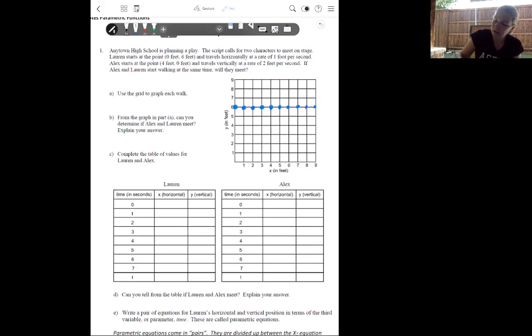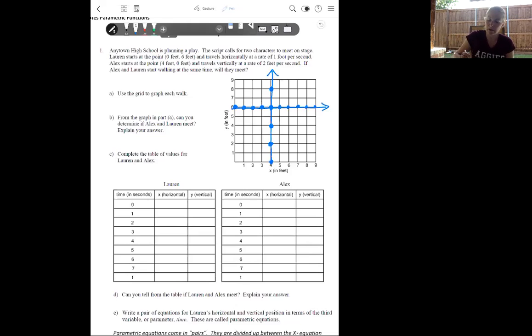So then we can see Lauren, her path looks like that. Alex, however, starts at 4 feet, 0 feet, and he travels vertically at 2 feet per second. So vertically, he goes 2 feet for every second. So there, there, there, and there. That is the path for each of them.